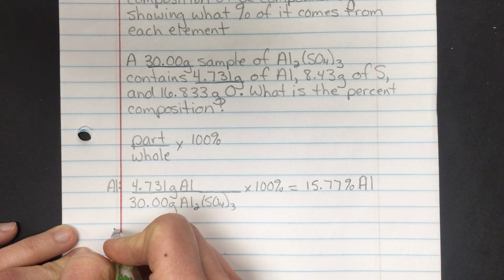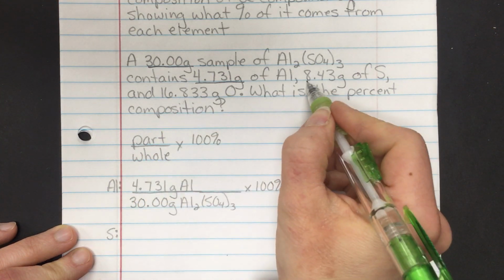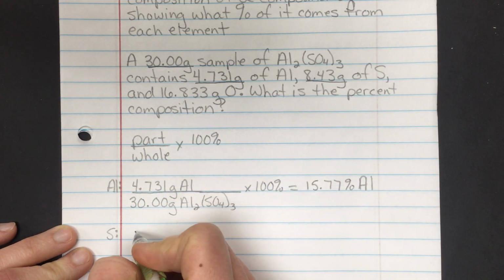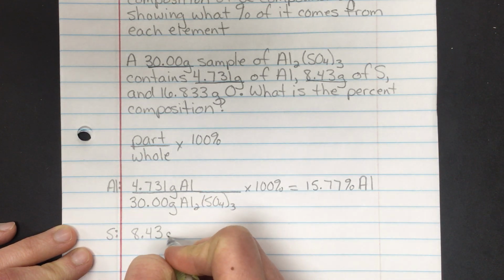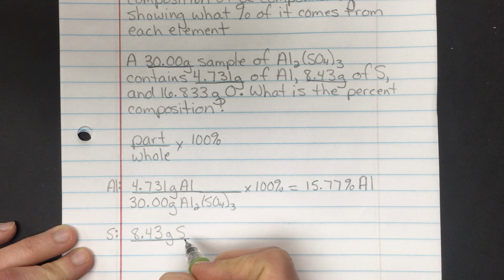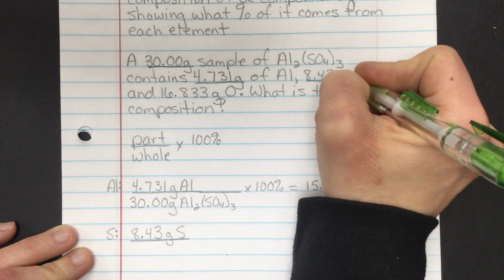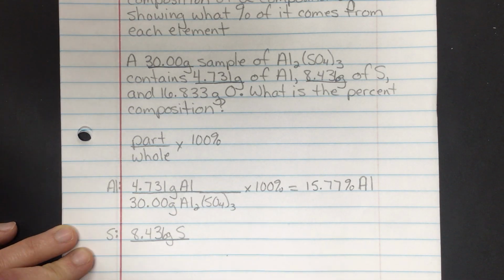Then we take a look at the sulfur in the sample, and I have 8.43 grams of sulfur. So that's my part that goes on the top. I divide that. Oh, I think there's supposed to be a 6 here that I left off when I copied the problem.